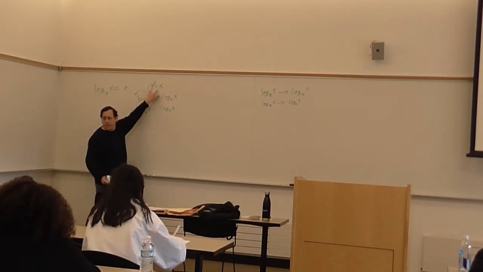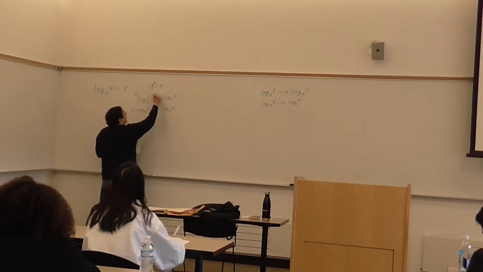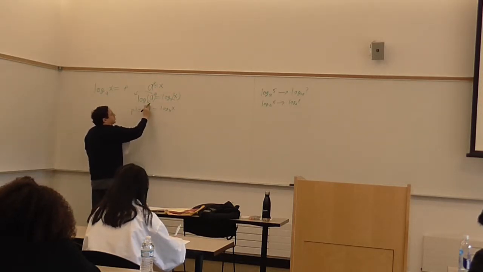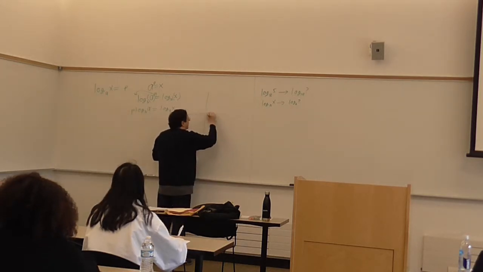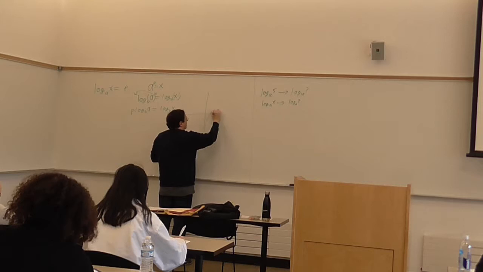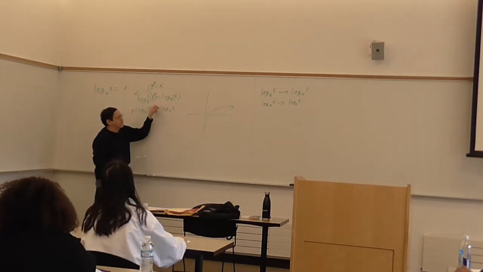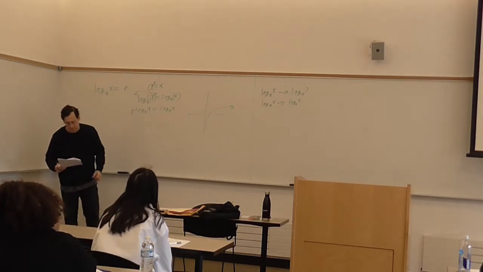I'm taking the function. Maybe if I wrote it this way. I'm applying the log function, right? Something that looks like this to both sides. Since they're equal, their logs have to be equal. Make that clear?